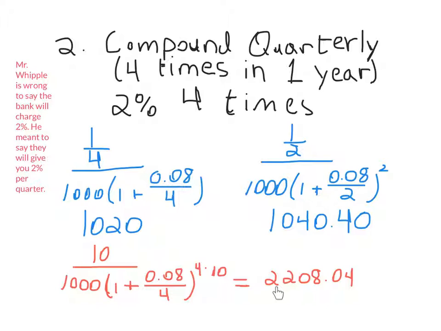And that does give us $2,208.04. You may recall, if you look back at what you did for simple interest, after 10 years we only had $2,158.92. So this is definitely better by almost $50 just by figuring out our interest 4 times during the year instead of once at the end of the year at 8%. So this is making money for us.